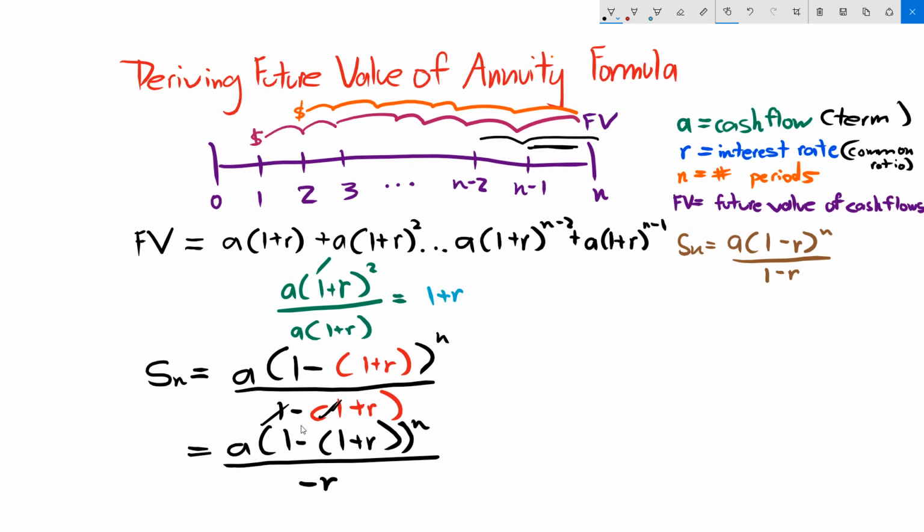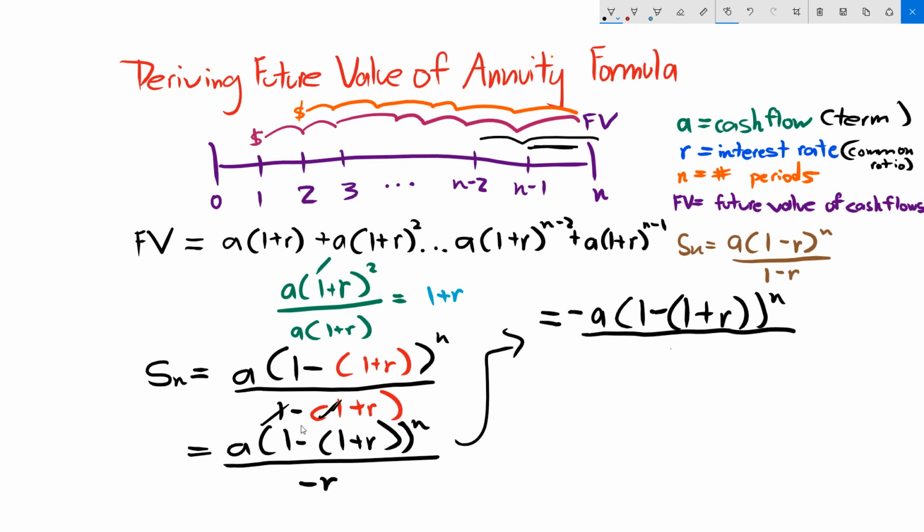You don't really want to leave a negative on its own in the denominator, so we can multiply the bottom and the top by negative 1. So that's going to give us negative a times, 1 minus (1 plus r) to the n, over r.